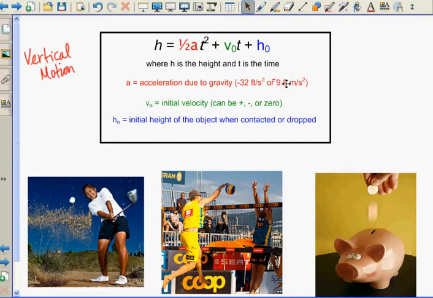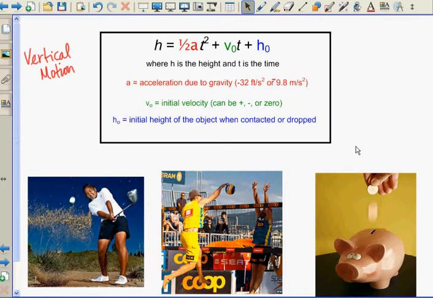It's always negative 9.8 in metric units. So that's actually the same number all the time. But you will need to know that if we're measuring in standard, you want to make sure you're in feet per second squared, that's negative 32. And in metric, we're negative 9.8. Okay, that's going to go in your quadratic term. Actually, half of that is going to go in.